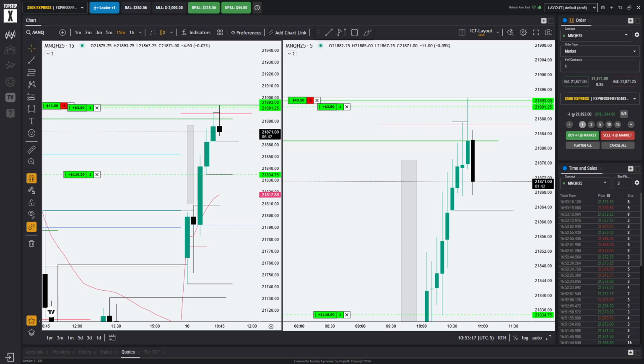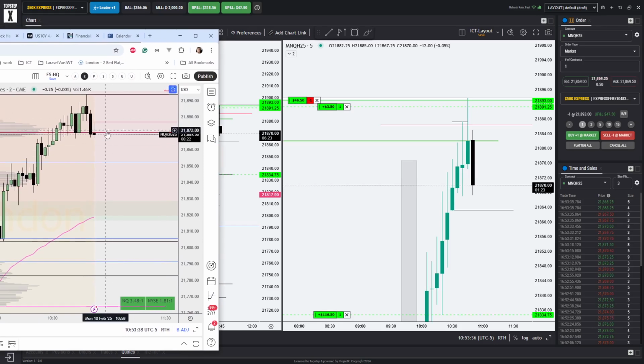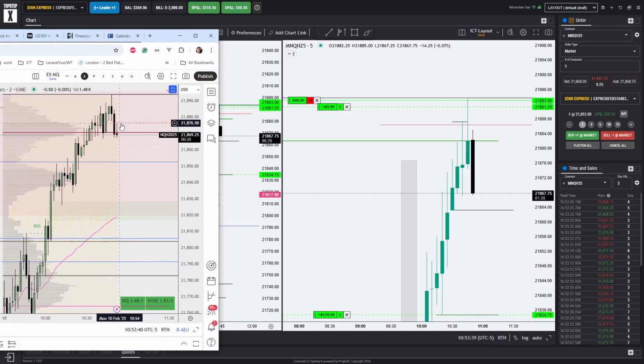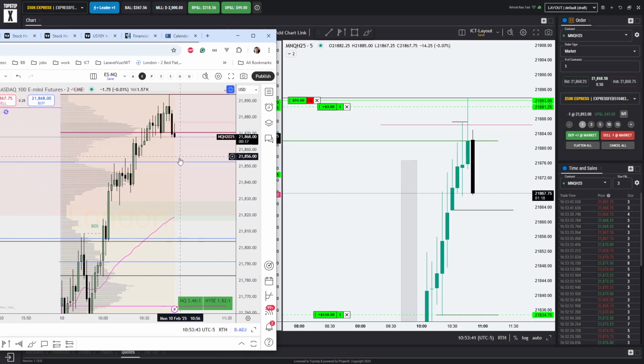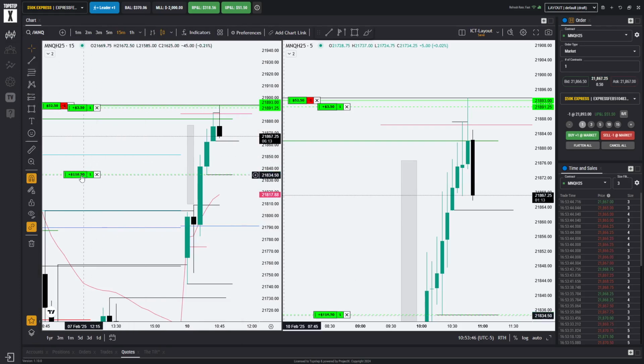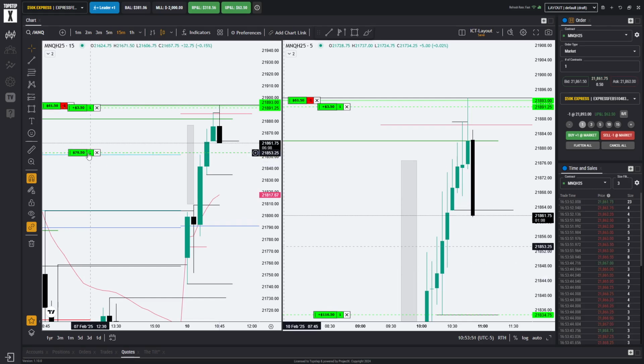Problem might be ES. ES didn't move far, and it's got only 2.5 points lower till it hits the base. Dropped shorts, so. But so far, NQ respected this fair value gap on 2 minutes. We should get down here. I'm not gonna be that greedy because let's just go to the original 54, right?